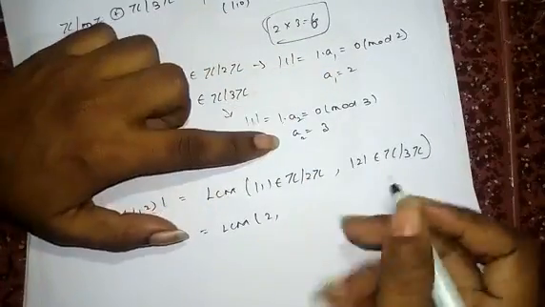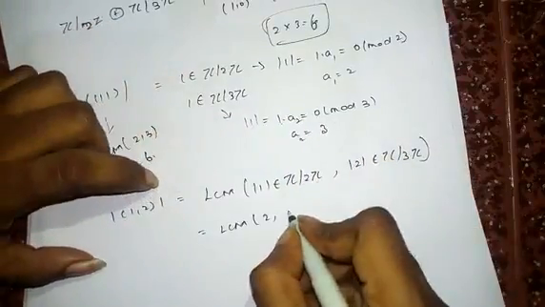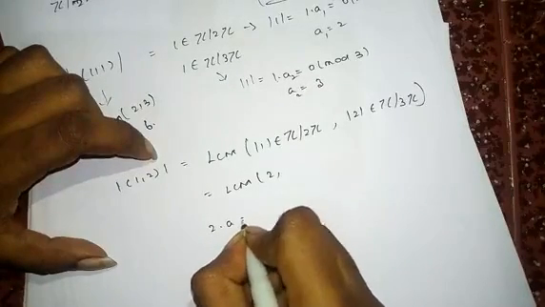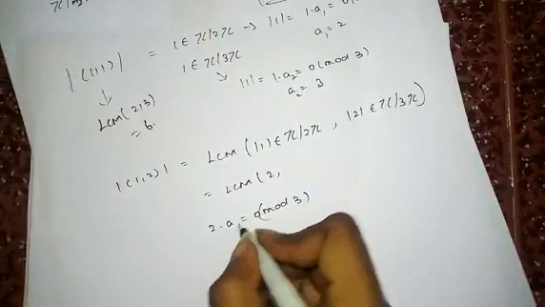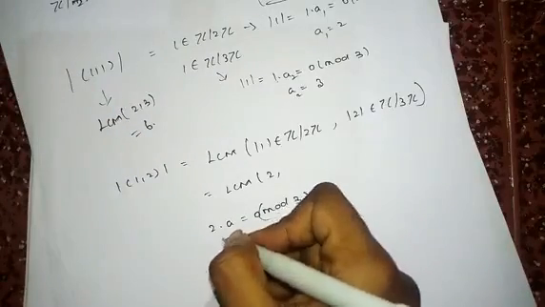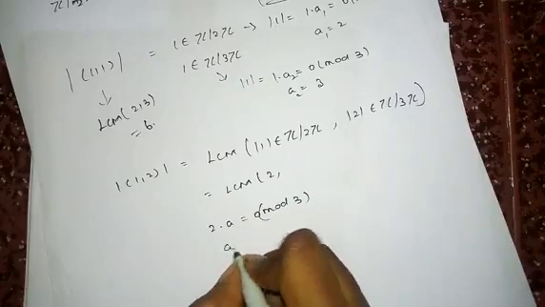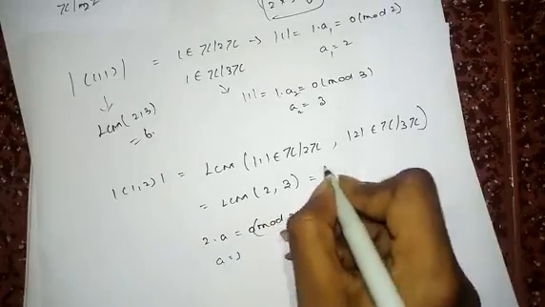And the order of 2 in Z modulo 3Z: 2 into a is equal to 0 mod 3. So 2 into 1 does not give remainder 0. 2 into 2, no, it's not 0. So 2 into 3, so a is equal to 3. The order of 2 is 3, so the LCM is again 6.